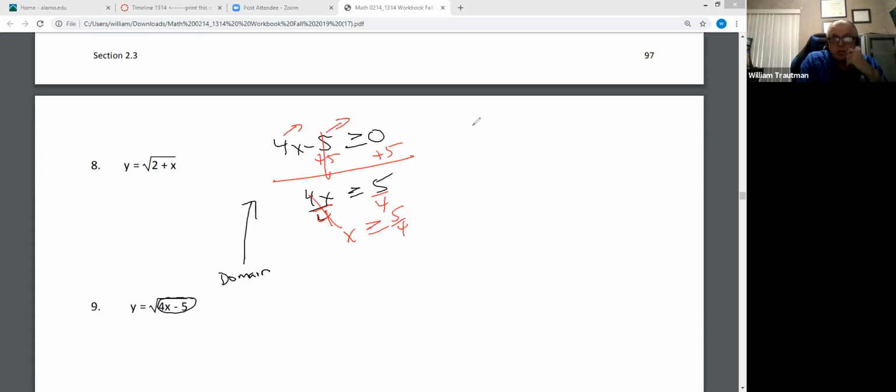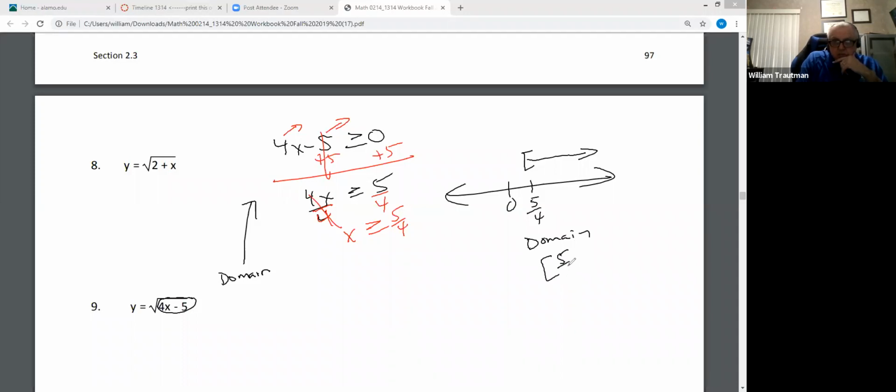If I were going to graph this on the x-axis, this is 0. I'm going to put 5/4 here, 1 1/4. X is greater than or equal to that. So the domain, the left side is 5/4. The right side goes to infinity. The range, this is what the graph looks like.